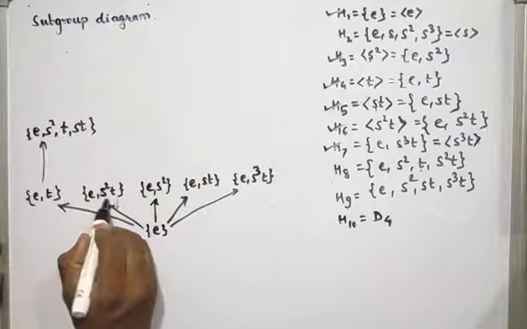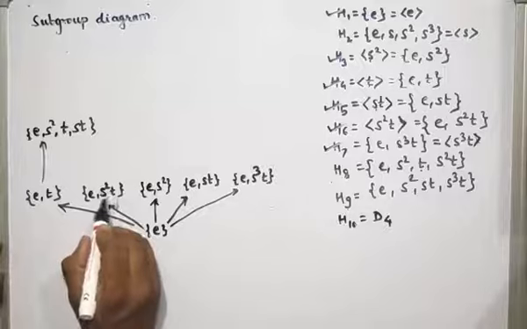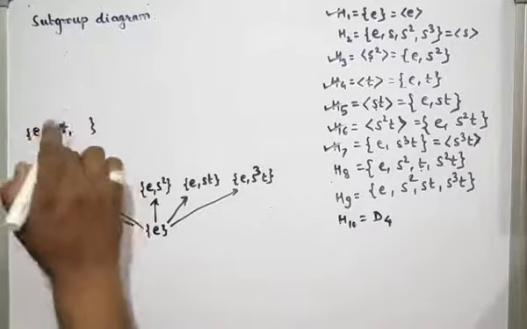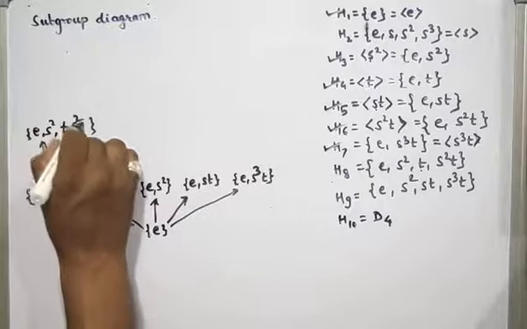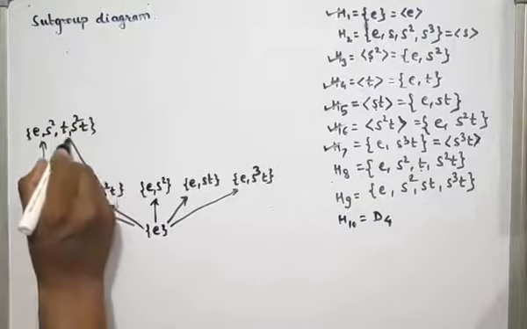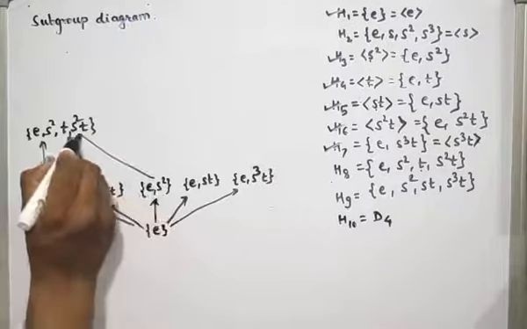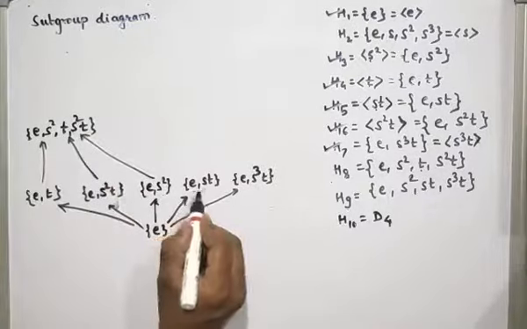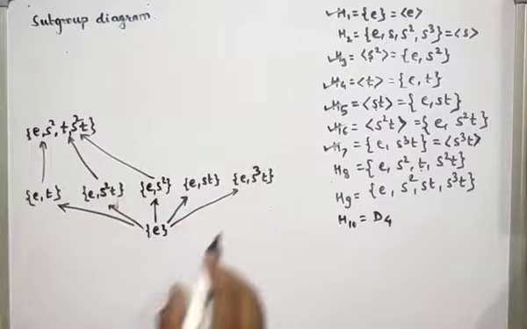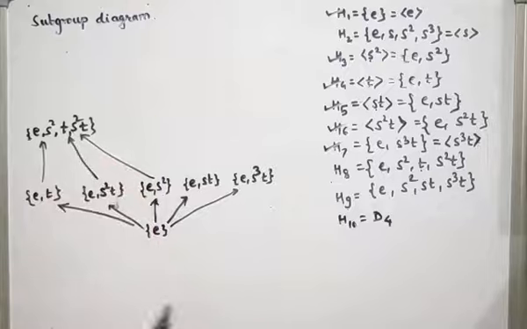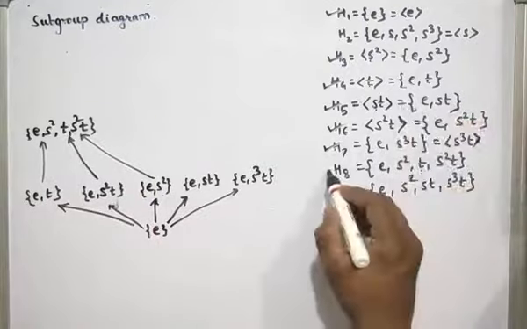Next, identity S square T. Here the product of these two is S square T. So this is again a subset of this identity S square, which is again a subset of this. Identity ST is not a subset of this, and identity S cube T is again not a subset of this. So this is done.